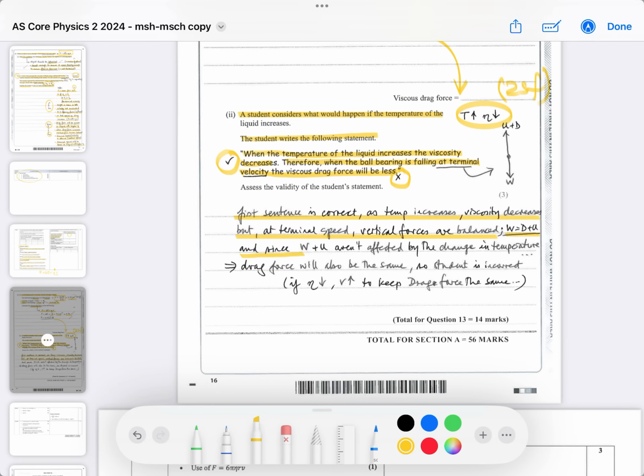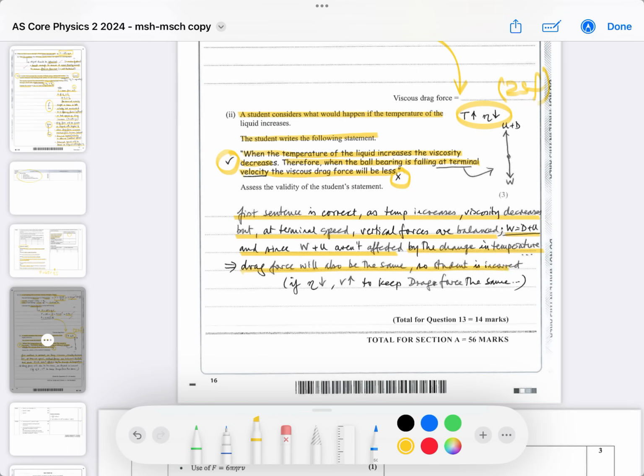And since the weight and the upthrust aren't affected, because obviously the ball bearing hasn't changed, the volume is the same, so the upthrust is the same. And the weight obviously hasn't changed because it's the same ball bearing. So the weight and the upthrust are not affected by the change in temperature. Only the viscosity is. So drag force will also be the same.